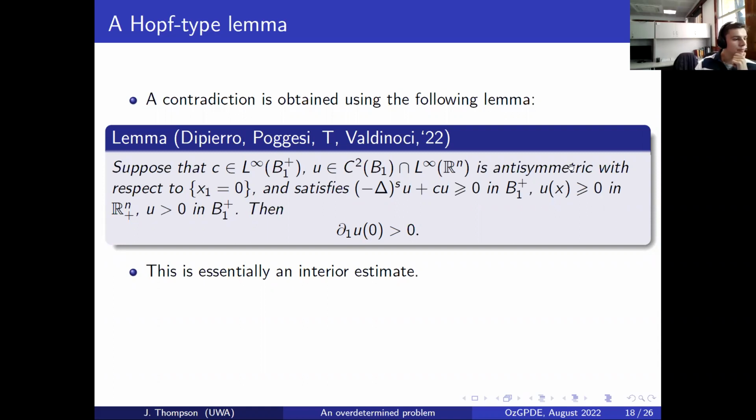And this actually really comes from the fact that u is antisymmetric. So because of this antisymmetric assumption, this lemma is essentially an interior estimate, which you can think about by reflecting B1 plus across the x1 equals 0 plane.